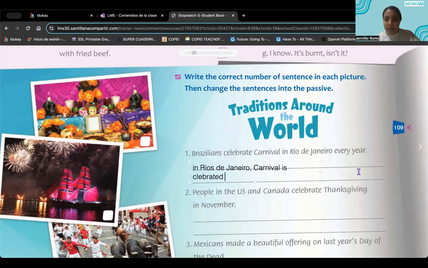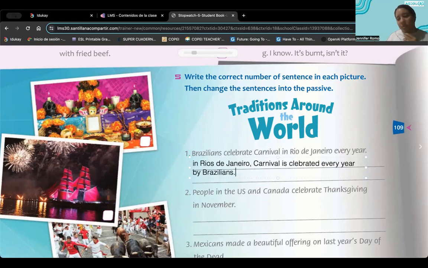Don't forget that you have to write the verb in past participle. So in Rio de Janeiro, Carnival is celebrated every year. Oh, every year. 5. You can say by Brazilians. But sometimes it's not necessary to type out by Brazilians.